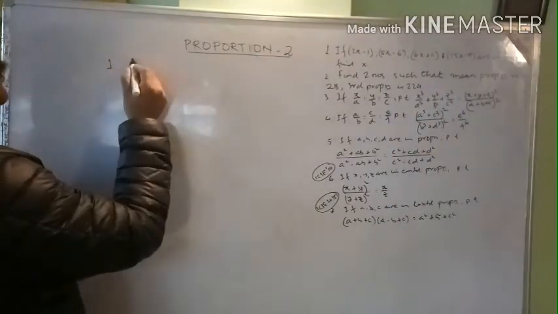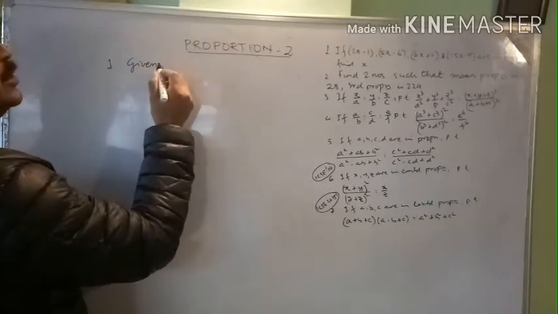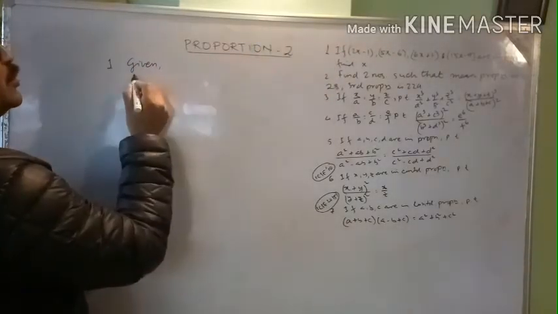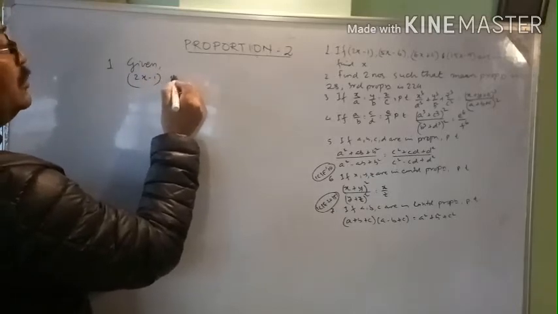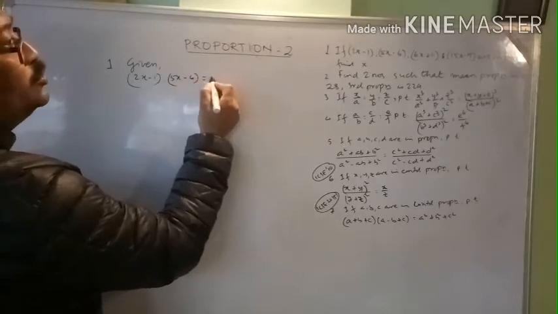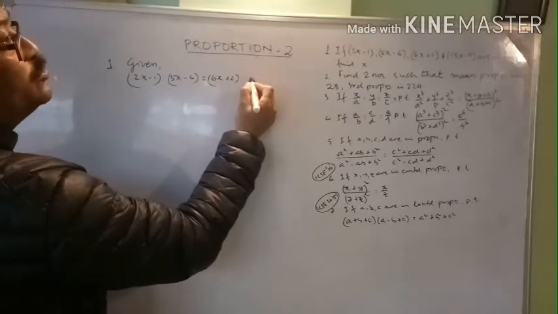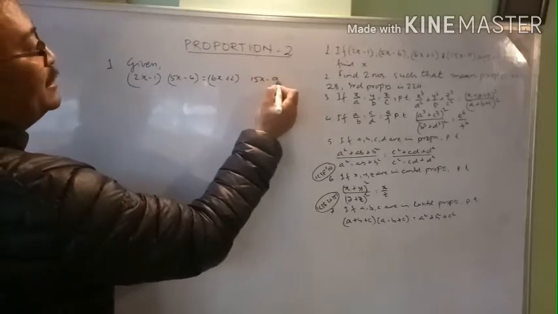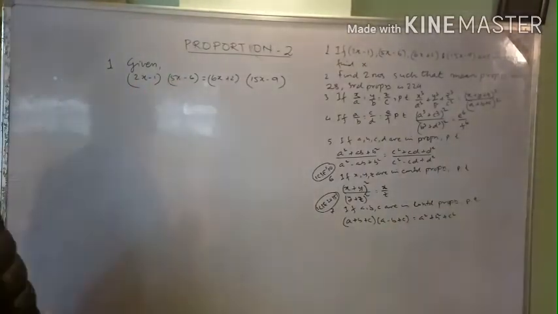So given these are in proportion, 2x minus 1 is to 5x minus 6 is equal to 6x plus 2 is to 15x minus 9. It's given that these numbers are in proportion.